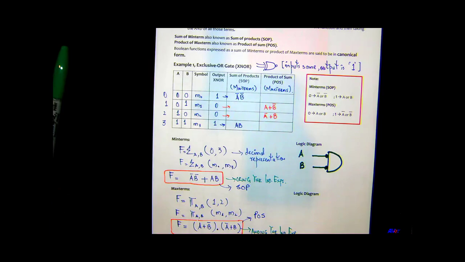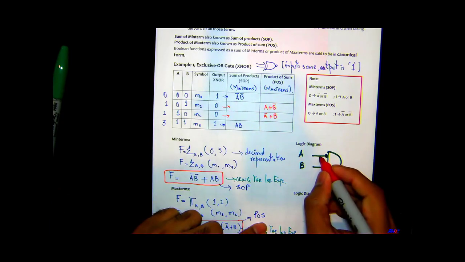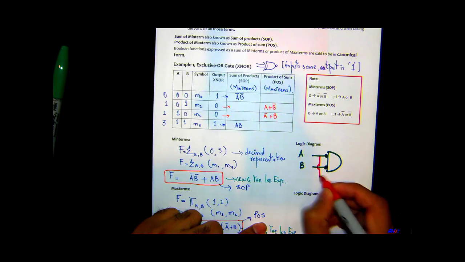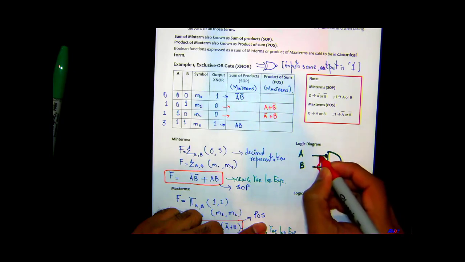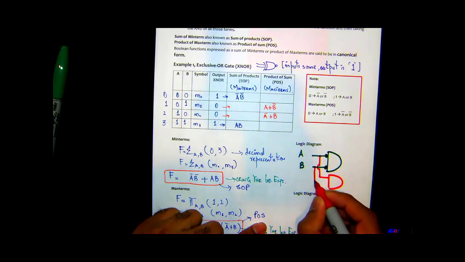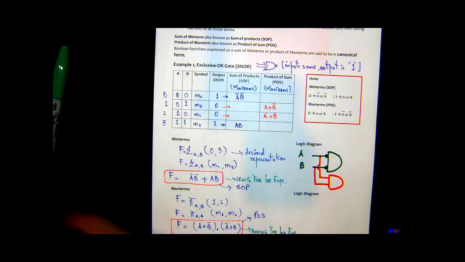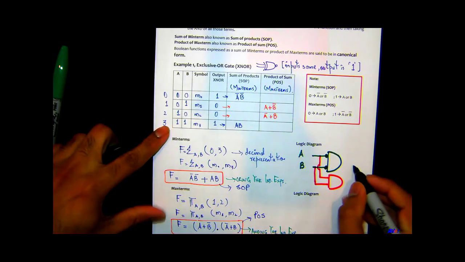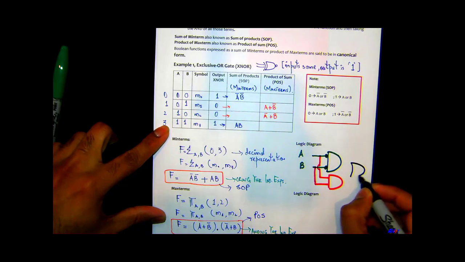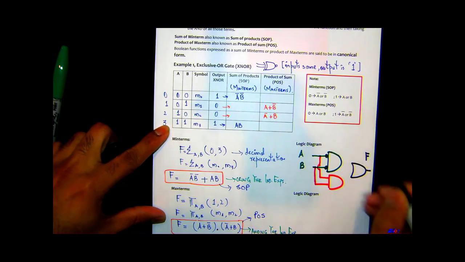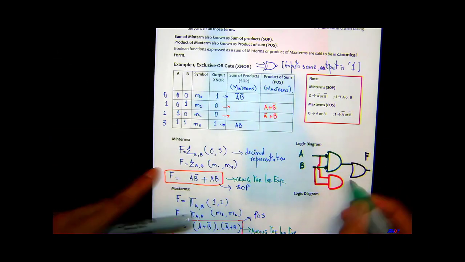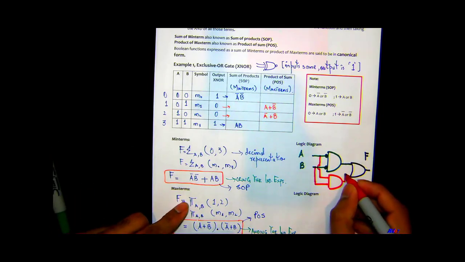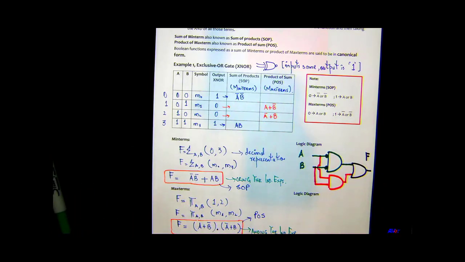Okay, and then I also have another AND gate. And the outputs of these two will go into an OR gate, right? So this is my output F right here. Correct?